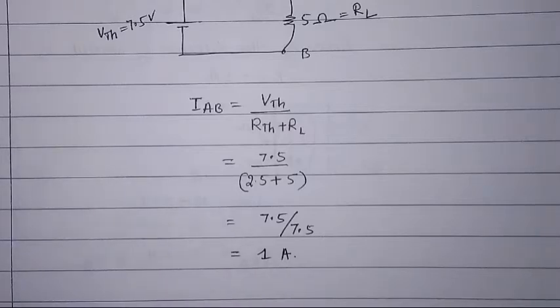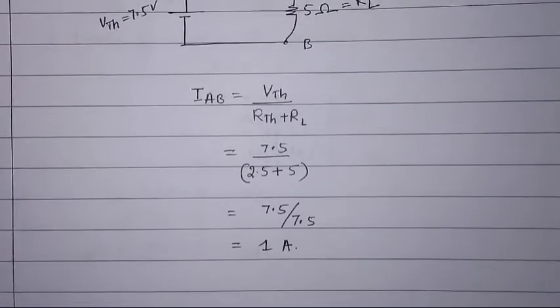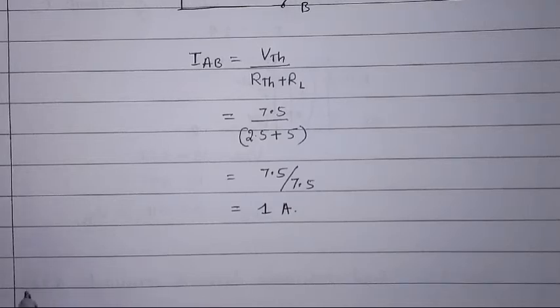Now coming to the time efficiency of Thevenin's theorem. In Thevenin's theorem, we found VTH, RTH, and then IAB.